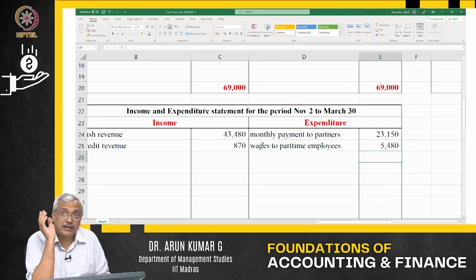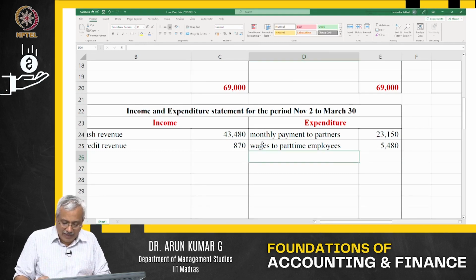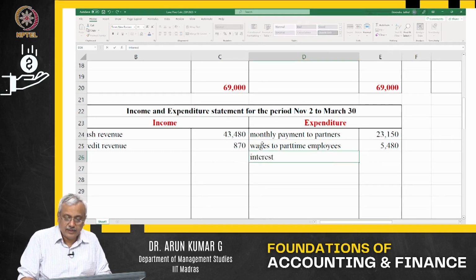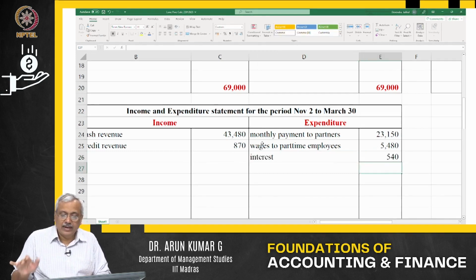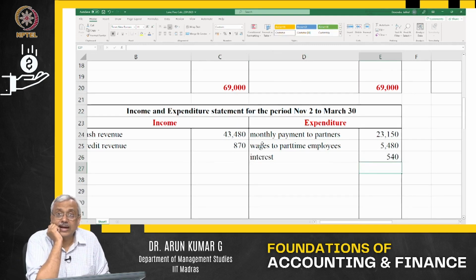Cash gone. Then there is something called interest. I have paid interest. What is the amount? Interest 540 is what I have already paid. Cash gone. Expenditure.